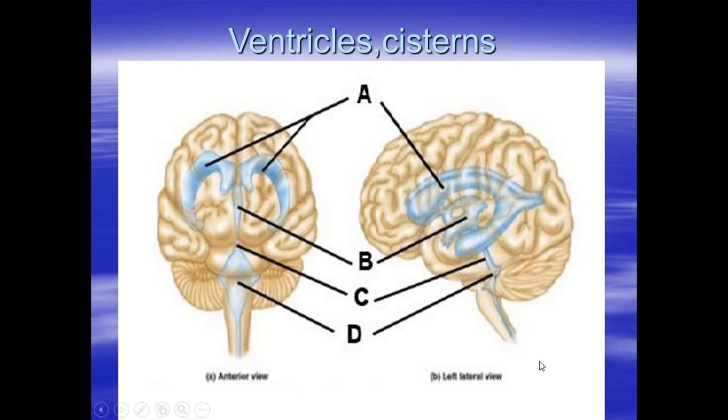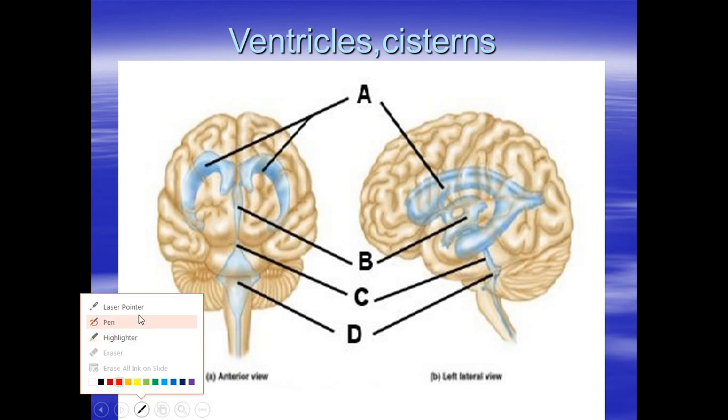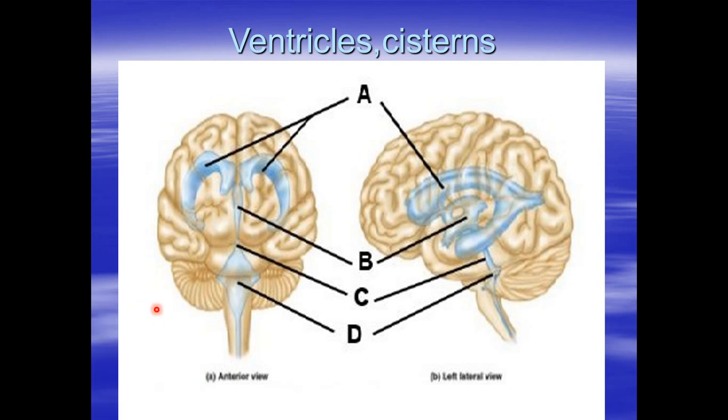And C is the fourth? No, this is not the fourth ventricle. Look carefully here, then here. D is the fourth ventricle. C is the aqueduct. Exactly. C is the cerebral aqueduct of Sylvius.